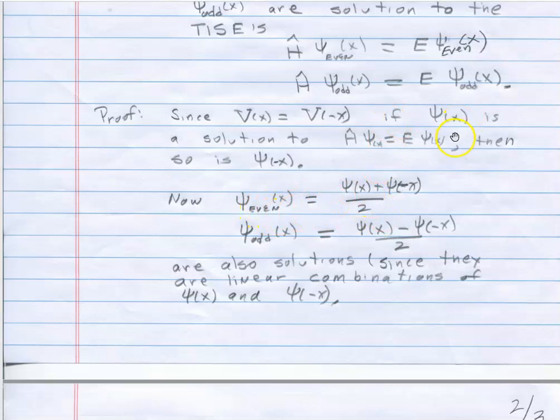The even part of psi of x is just psi of x plus psi of minus x over 2, and the odd part is psi of x minus psi of minus x over 2. But these are also solutions to the Schrodinger equation, since they are linear combinations of psi of x and psi of minus x, which are solutions. Since the Schrodinger equation is a linear equation, any linear combination of solutions is also a solution. So we're able to construct even and odd solutions.